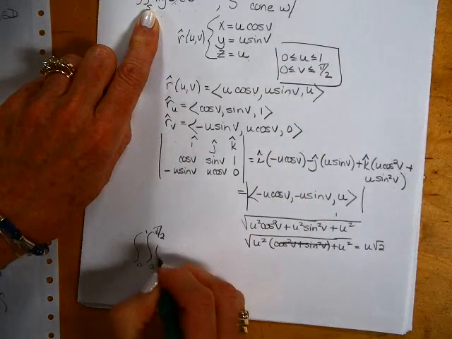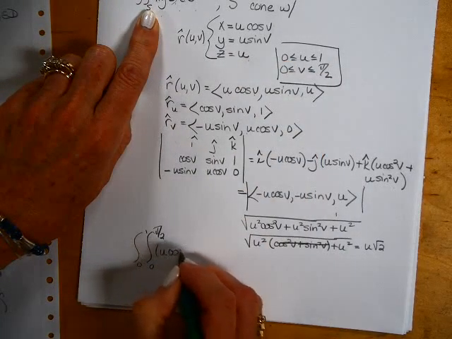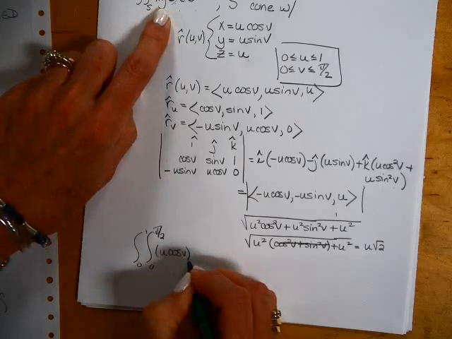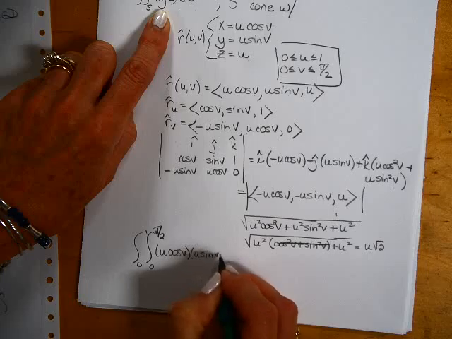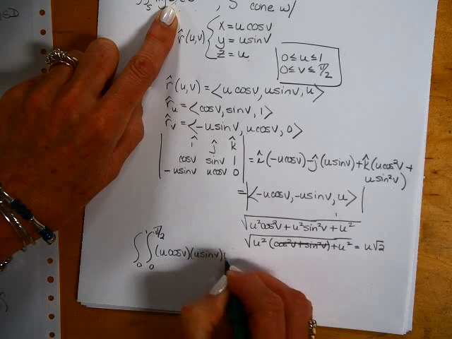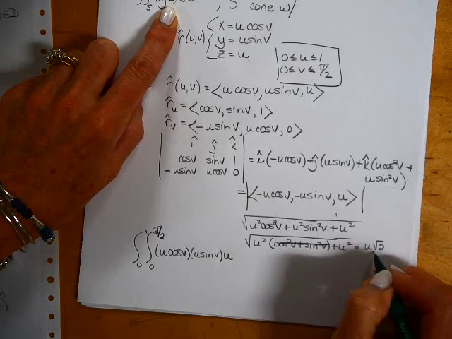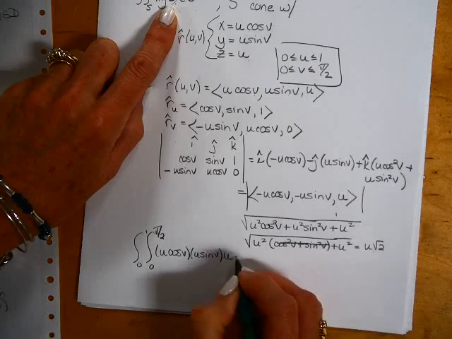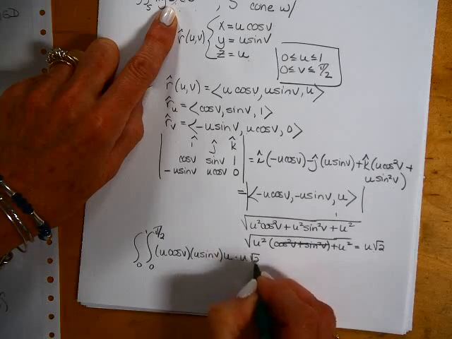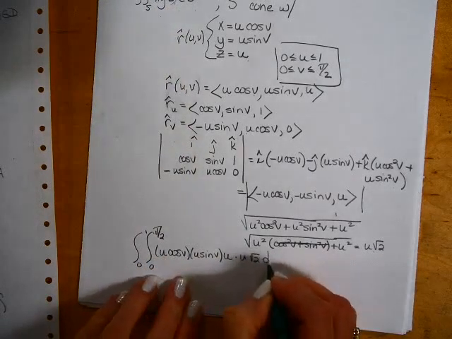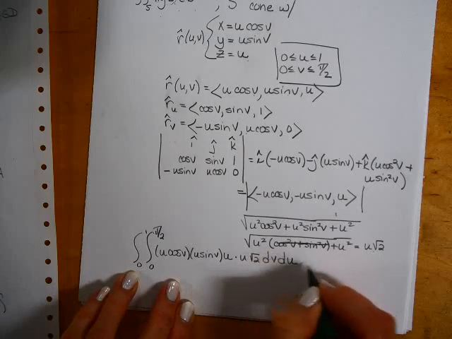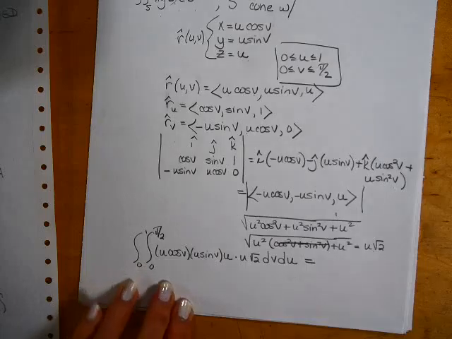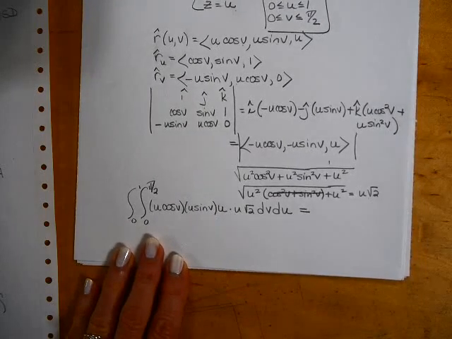My x is u cosine of v, my y is u sine of v, my z is u, and then I also have this other u square root of 2. This is dv, this is du. And you integrate all of that.